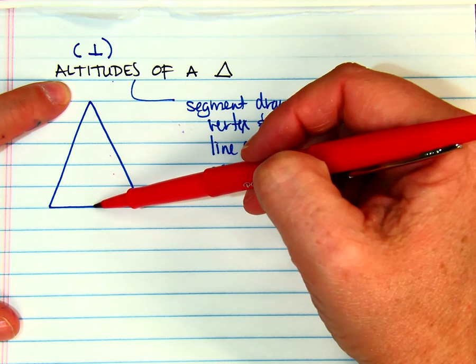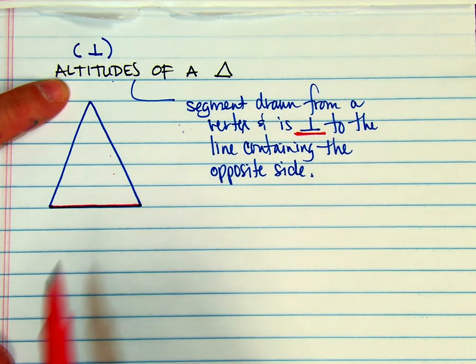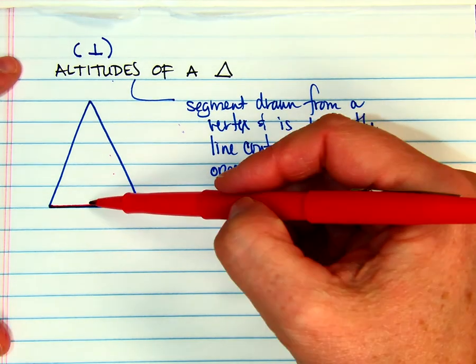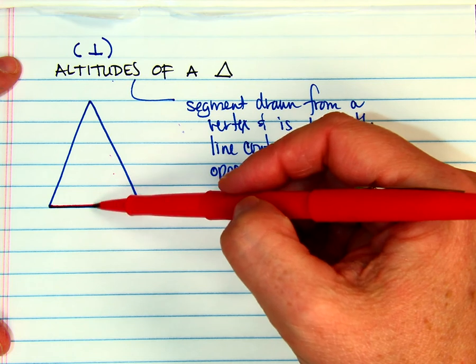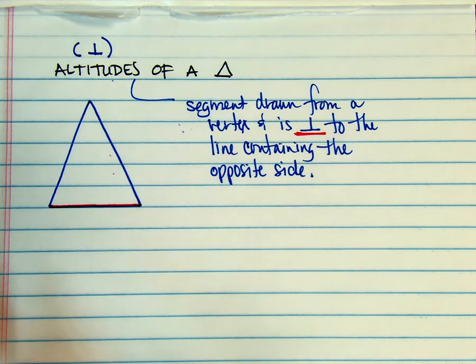So this is my opposite side, and I need to be perpendicular to it, which means I have to create a right angle with this. So I'm going to use like a little sticky note to show what I'm talking about.